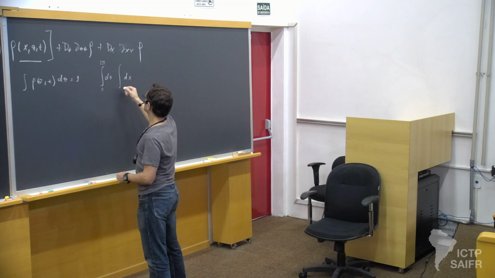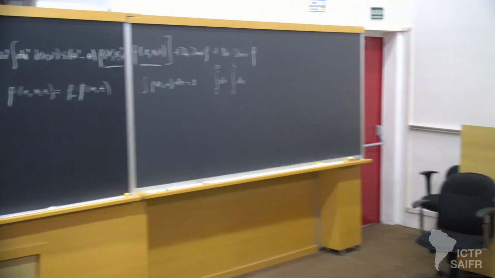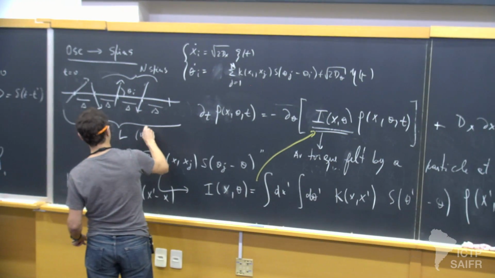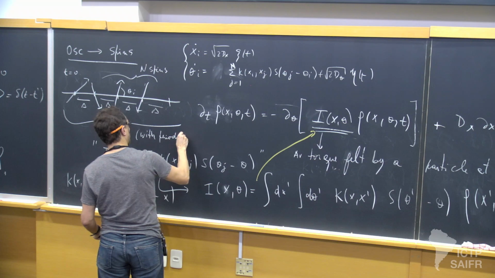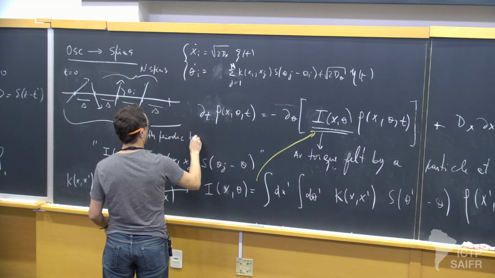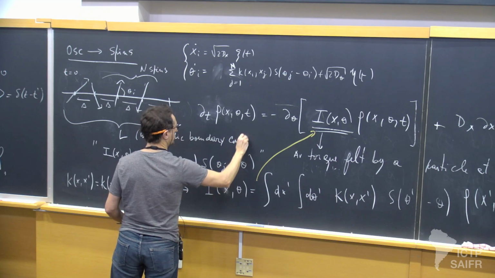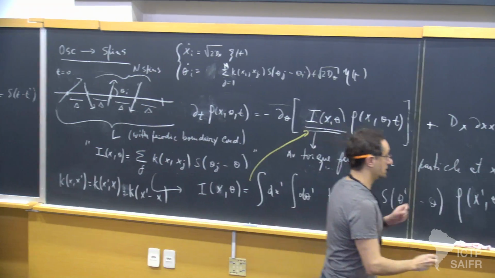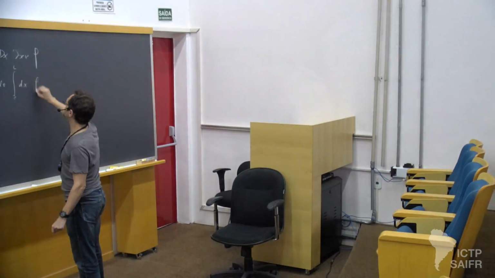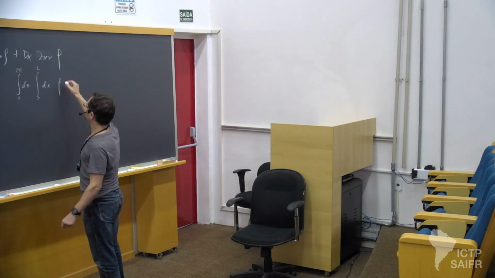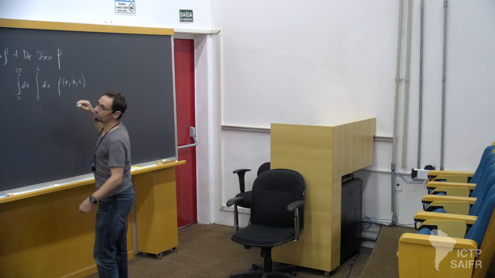And then that means that I could provide a renormalization. If I do dx from 0 to L with periodic boundary conditions, and this is rho of theta, t, this is what we have to decide what it is.